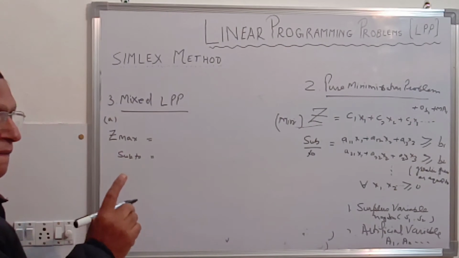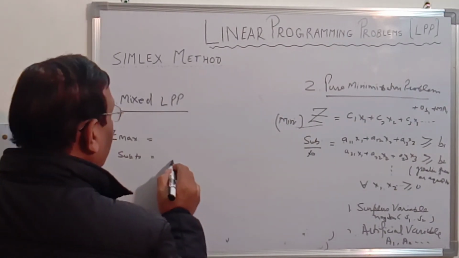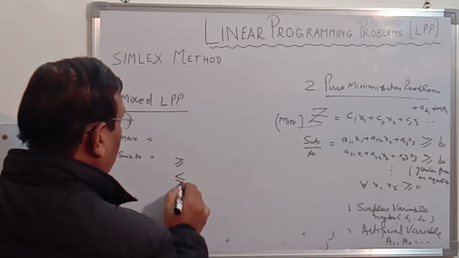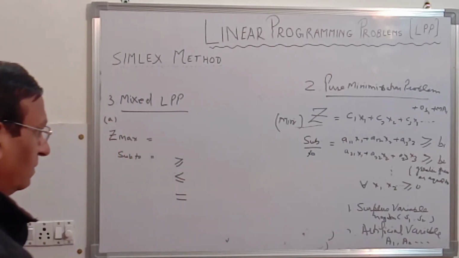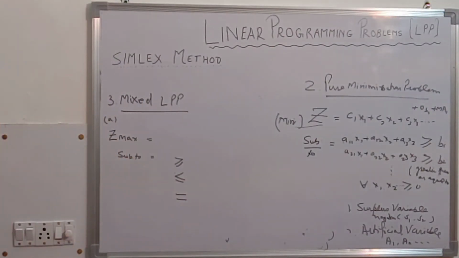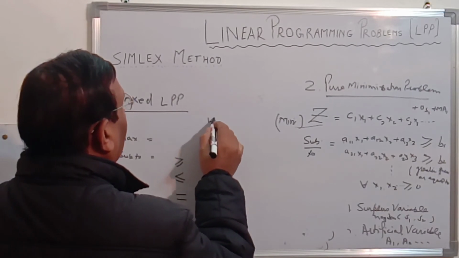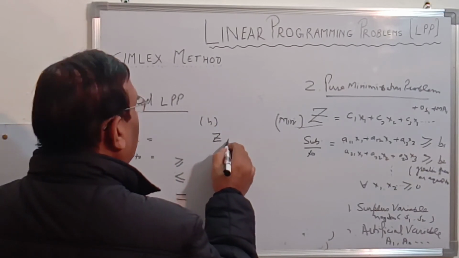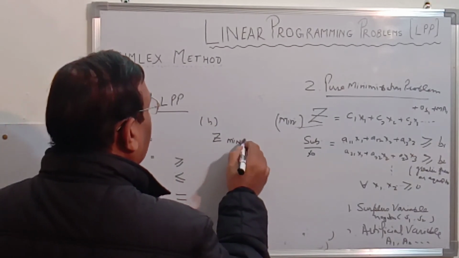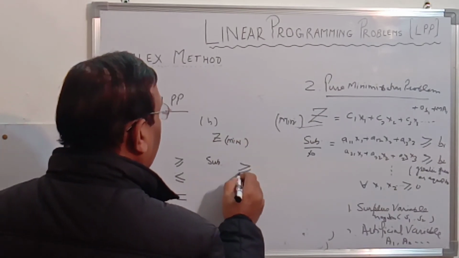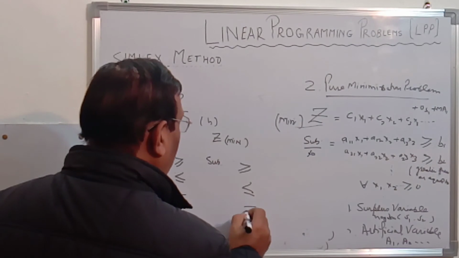the equations are greater than or equal to, less than or equal to, or equal to. Second point, Z is minimization and subject to greater than or equal to, less than or equal to, or equal to.